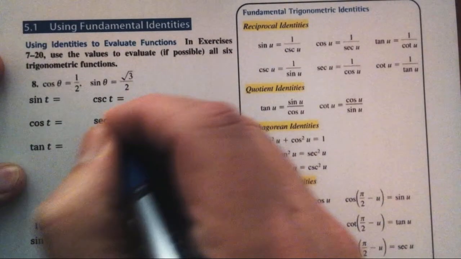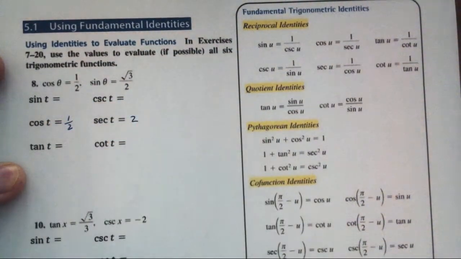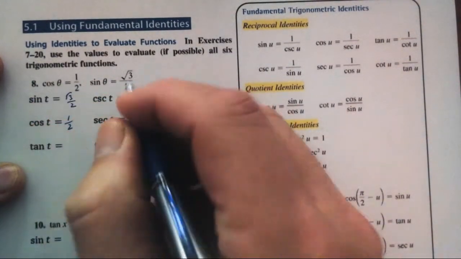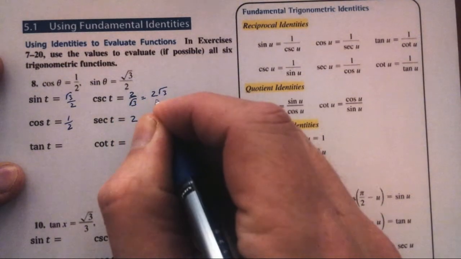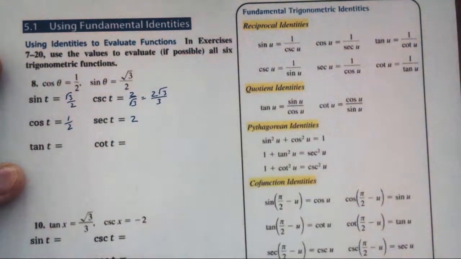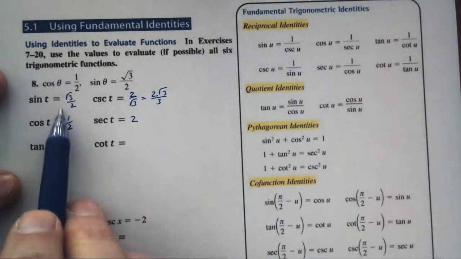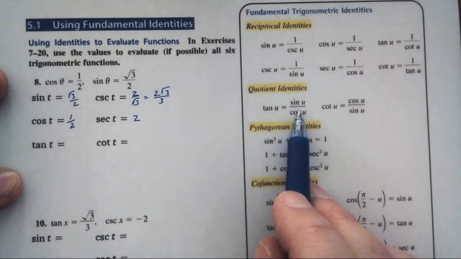So cosine is 1/2. If cosine is 1/2, we know that secant's 2. That's the easiest one. Sine is square root of 3 on 2. So cosecant is 2 on square root of 3, or 2 square root of 3 on 3. And now to get from sine and cosine to tangent, tangent is sine divided by cosine.